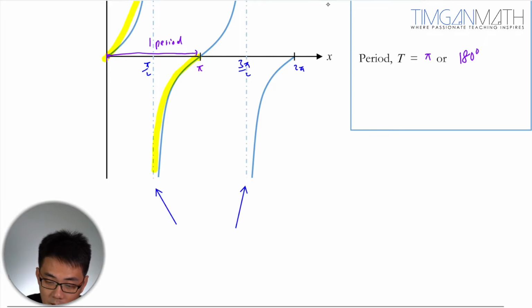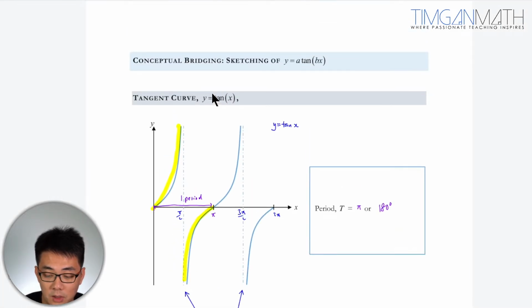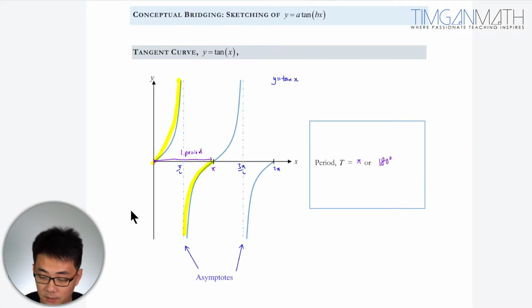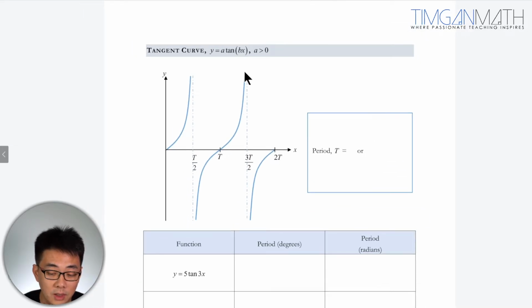All right. Let me just write it down for you. Asymptotes. And asymptotes are a line which the curve will never touch. So this is how you draw it. Okay. So now what we need to know how to draw is actually the tangent curve of a tan bx, where a is a positive number. So this a actually doesn't matter, and when it's positive, it's just pointing upwards as such.